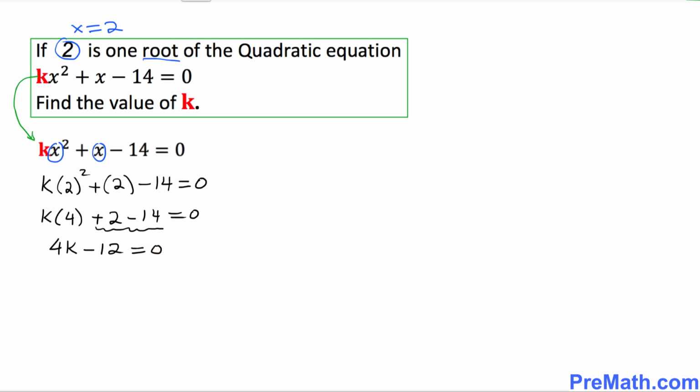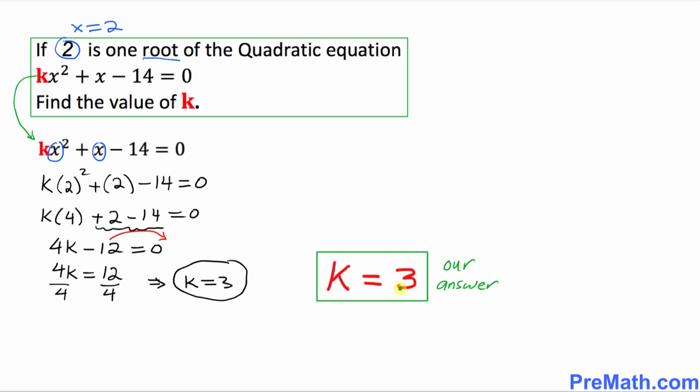I want you to move this negative 12 to the other side because we want to isolate k. So this becomes 4k equals, when you move 12 to the other side, positive 12. Divide both sides by 4. That means k turns out to be equal to 3. So thus k equals 3 is our answer.